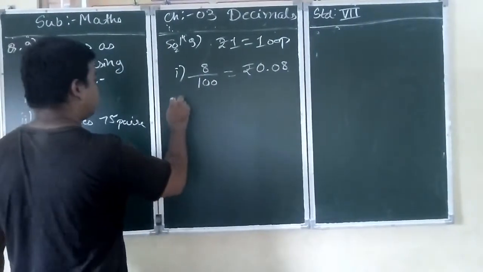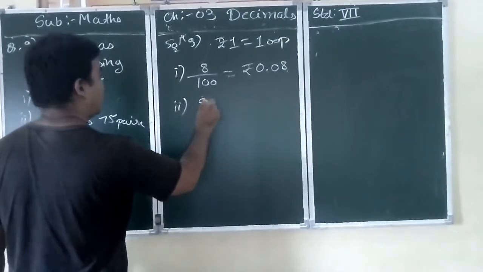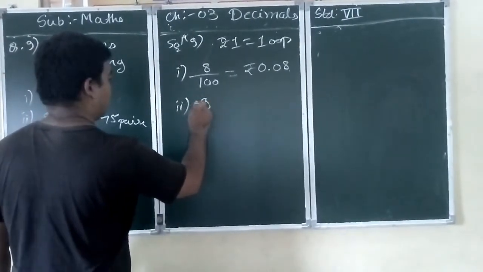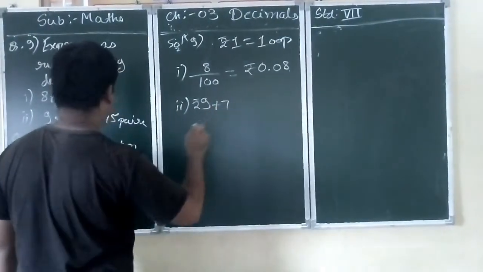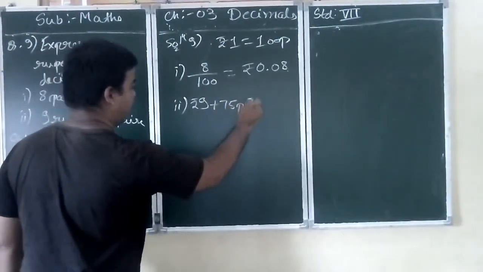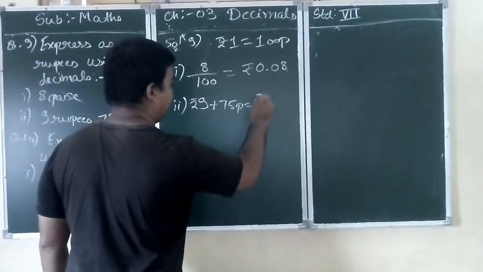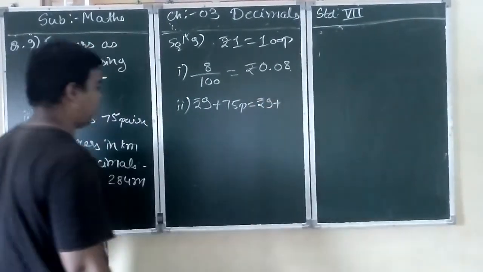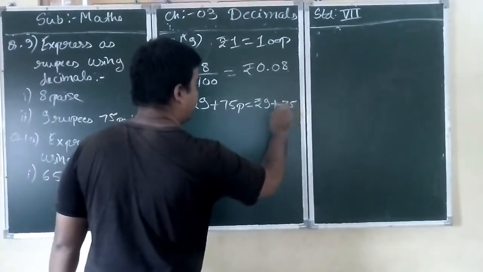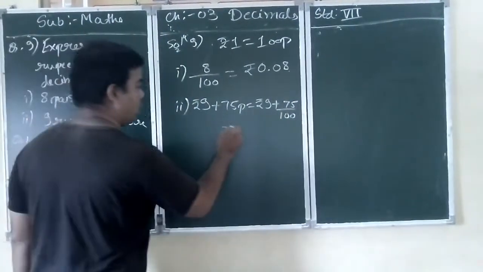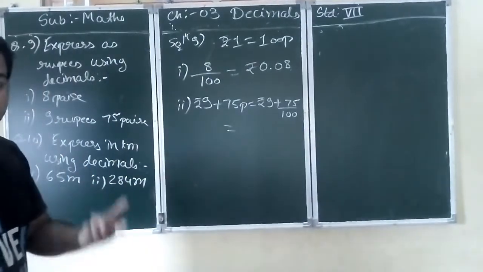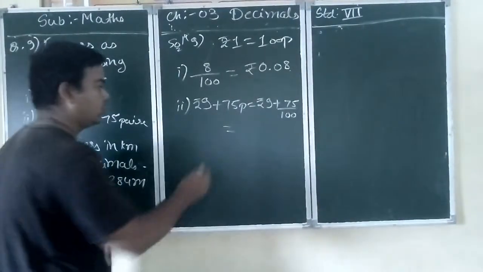Then second, rupees 9 plus 75 paise. We convert paise into rupees, so divide by 100.